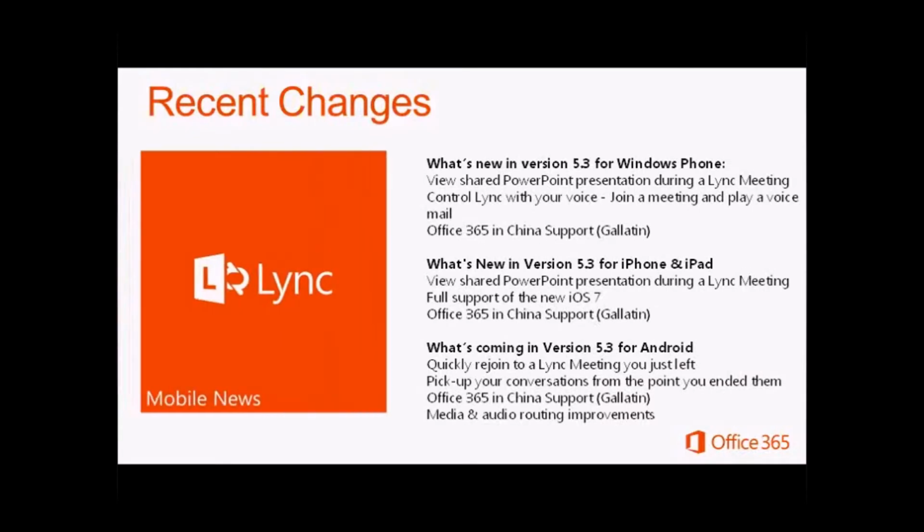Okay, so what is new in 5.3? The 5.3 update, you can get it if you go, for example, to the marketplace or to the App Store on the iPhone side or Android side, and you can download the latest version of the client.